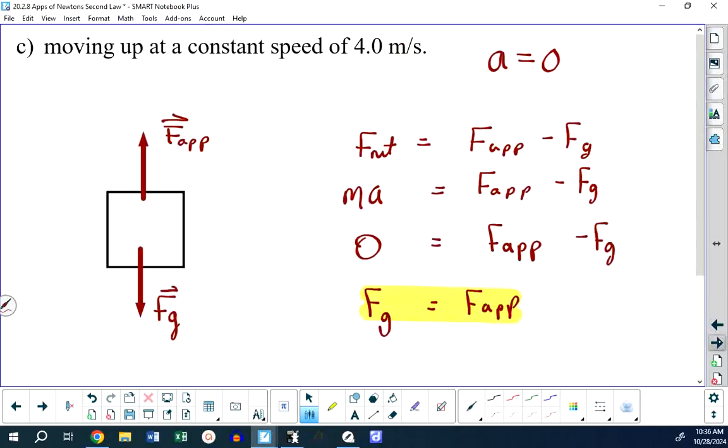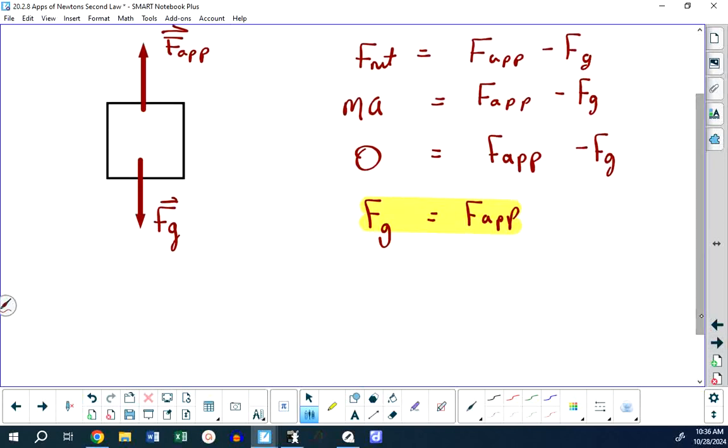And then for the third one, all we have to do is find the force of gravity, because that has to be the applied force. Whether the elevator in question C is moving up or down at a constant speed or is being held with no speed, the weight will be the applied force. So it's simply going to be 3,200 times 9.81.